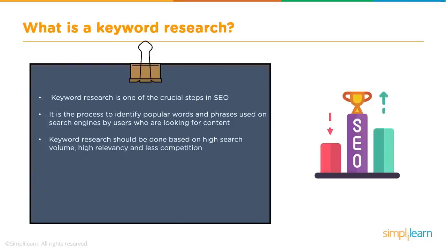So you need to understand what those keywords are. So are they relevant to the content that you want to be found for? If they are, then really the 2 factors you want to look for is the volume, how much volume or traffic each keyword has associated with it, and then the competition. How many other websites are trying to be found for the same keyword? So those are the factors involved with keyword research.